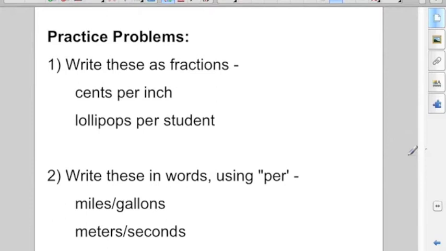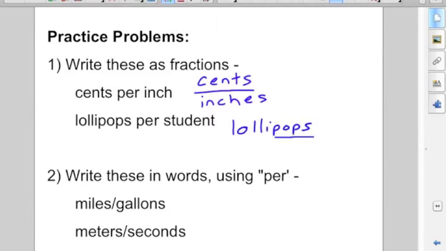Cents per inch. To get that, I would do cents divided by inches. Lollipops per student. Lollipops divided by students. All right, miles divided by gallons.